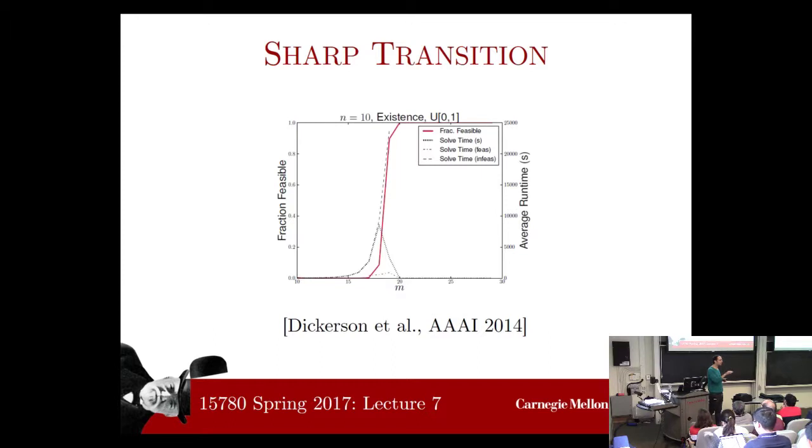You can prove that if the number of items is asymptotically smaller than n log n, then it's very unlikely to have an envy-free solution. If it's asymptotically larger, then it's very likely, via the algorithm that we talked about. So you can prove this asymptotically. But the interesting thing is, in practice, it's not an asymptotic thing. It's a very sharp thing at this particular constant times n log n threshold.